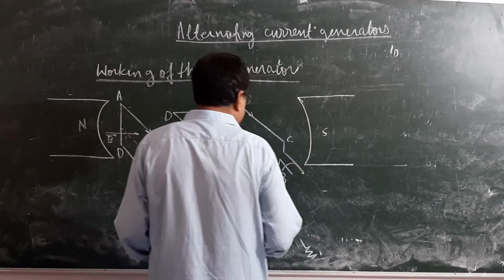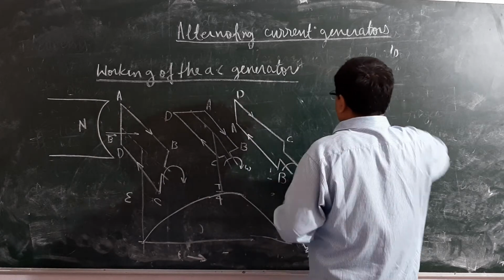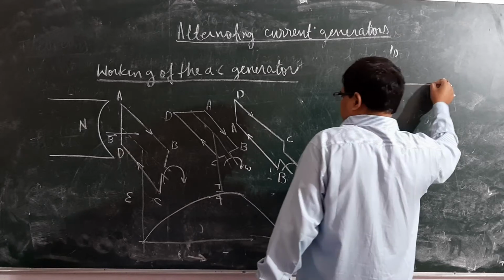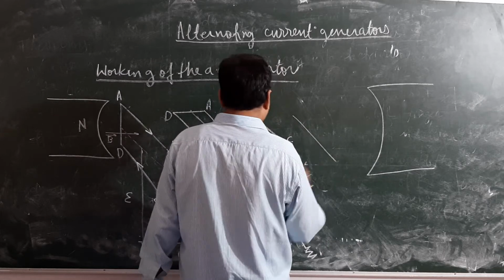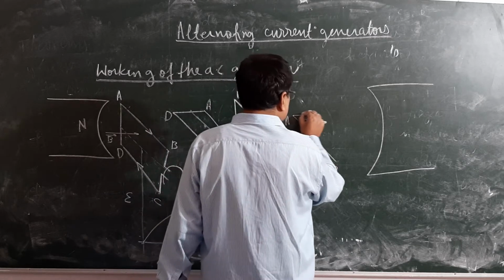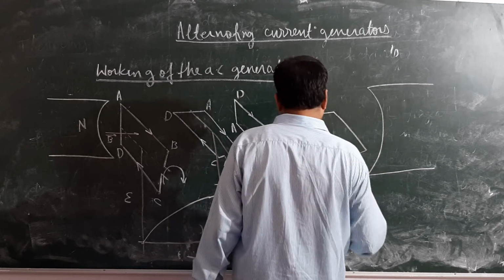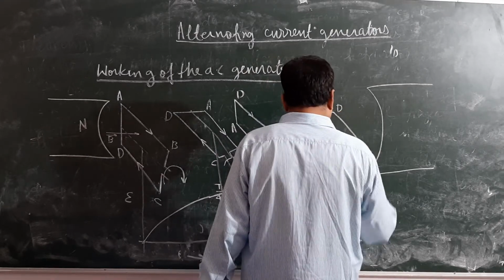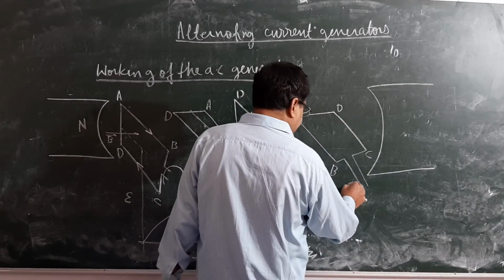Now once again, suppose it becomes horizontal. It will become horizontal once again. That is, the corner AB will come here. Like this. And CD will come here. Now this position corresponds to time 3T by 4.